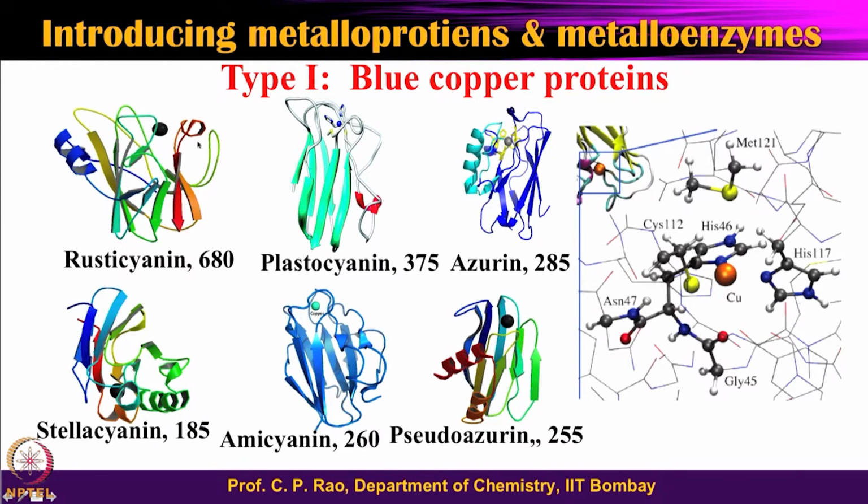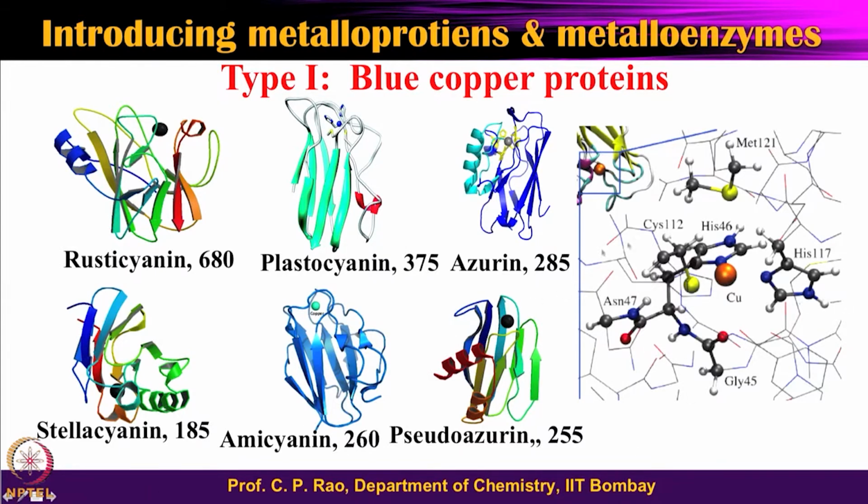They are all towards the end of the protein. This protein can roughly be taken as cylindrical, with the copper center towards the end. So, these are proteins with 680 millivolts, 375 millivolts, 285 millivolts, and so on.